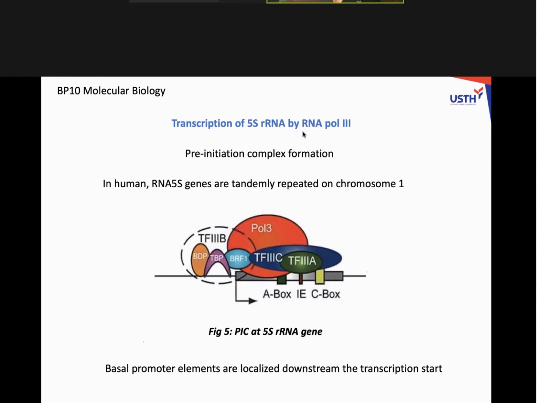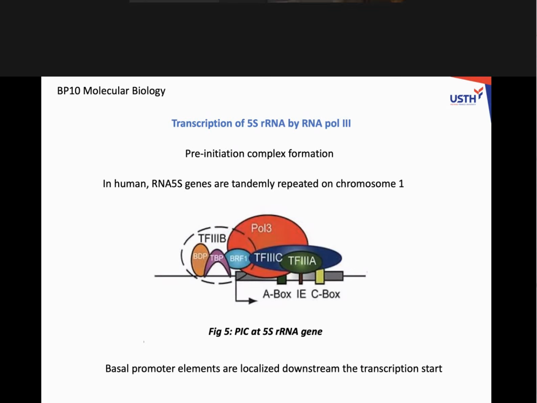And once Pol3 is there, it starts transcribing the first nucleotide at the catalytic site. You see what I mean? So the transcription start is defined by where these factors interact with DNA. It's not the polymerase that defines it. I don't know if that answers your question.